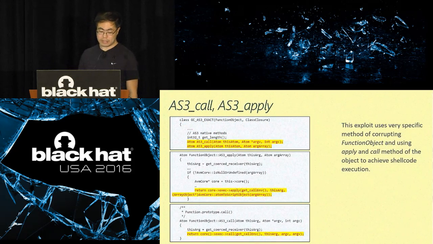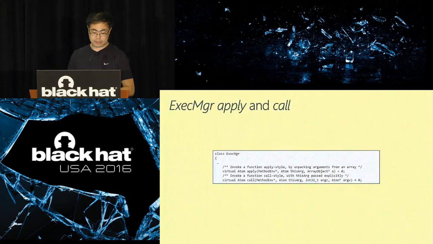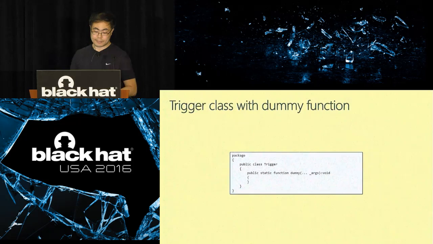And the technique is very straightforward here. There is some function object, and it has some internal call table for apply and call methods. And there is also the trigger dummy method here.